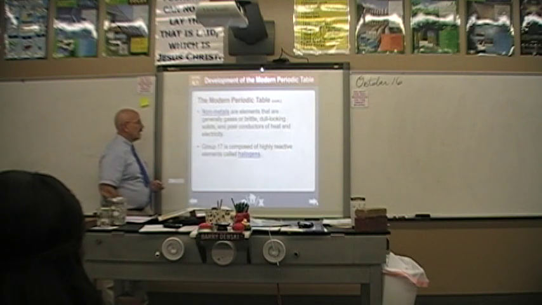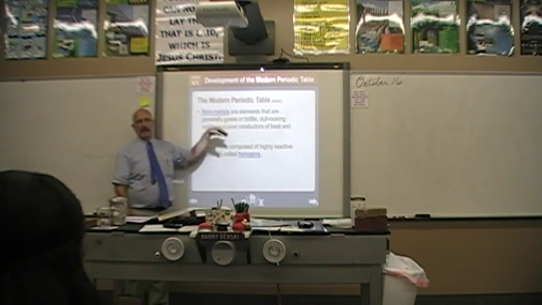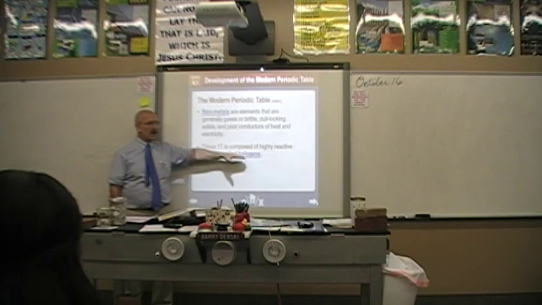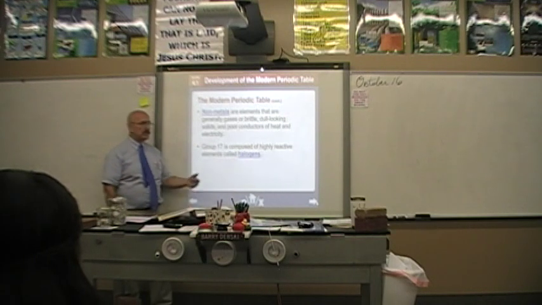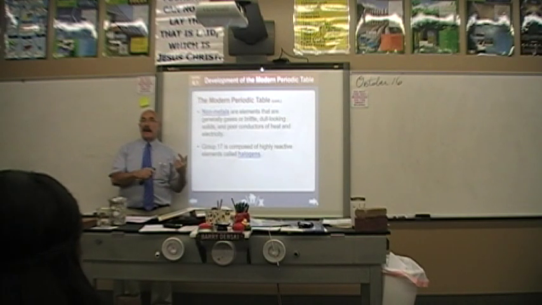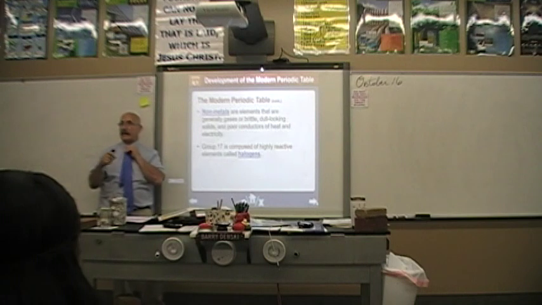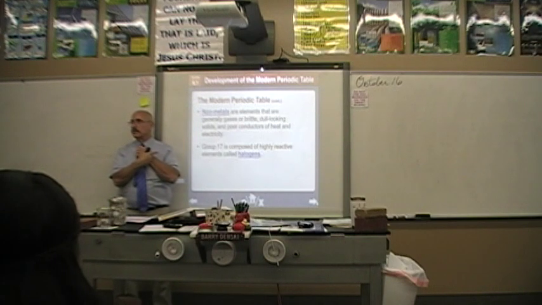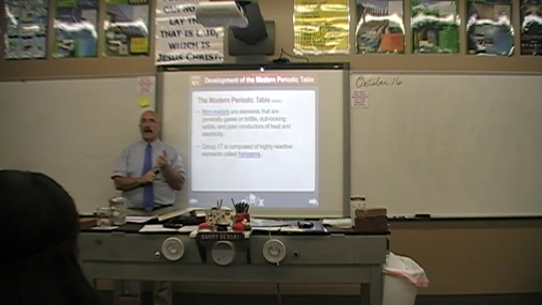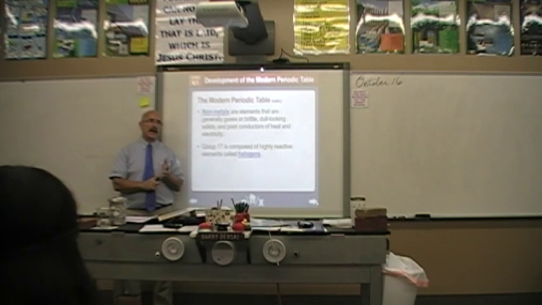Nonmetals. Now, group 17 has a special name. In the nonmetals, most of those are halogens. So that is fluorine, chlorine, bromine, iodine, tennessine, and astatine. All of those end in INE, by the way. If you see one that ends in INE, it's probably a halogen, group 17. Fluorine, INE. Chlorine, INE.